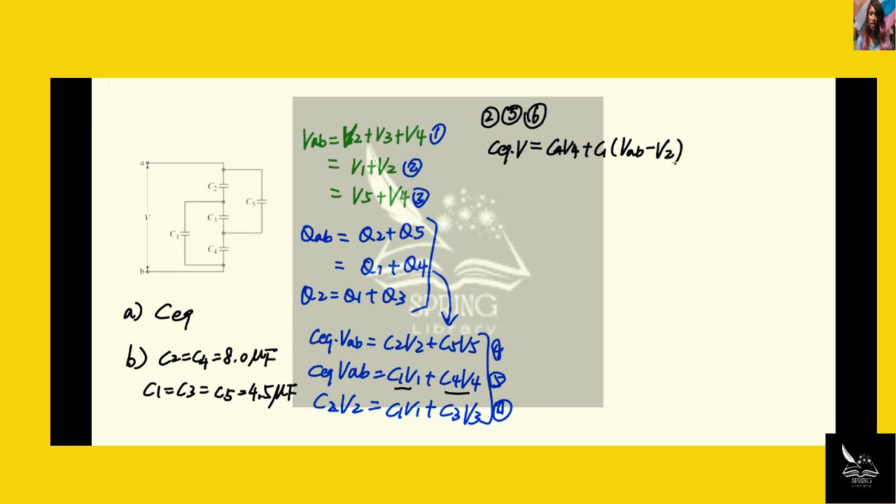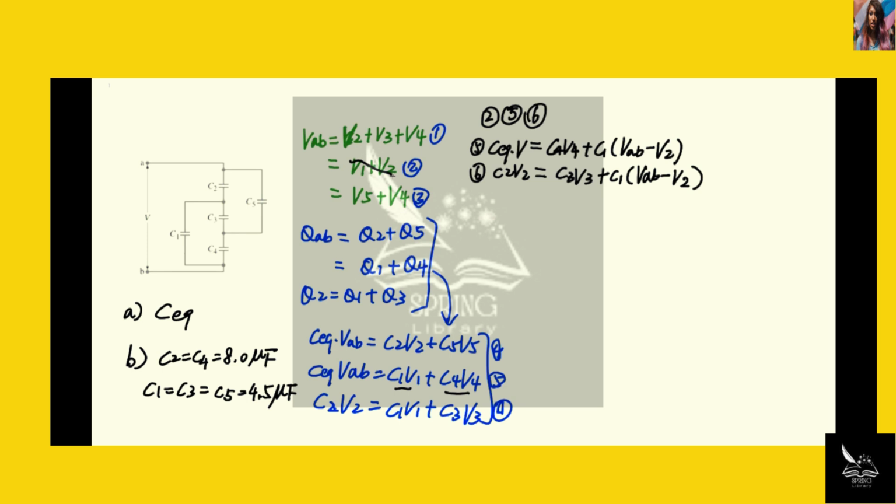And similarly, this is number 5, this is number 6: C2 V2 equals C3 V3 plus C1 times VAB minus V2. So what I was just trying to do is eliminate V1 from all these equations.